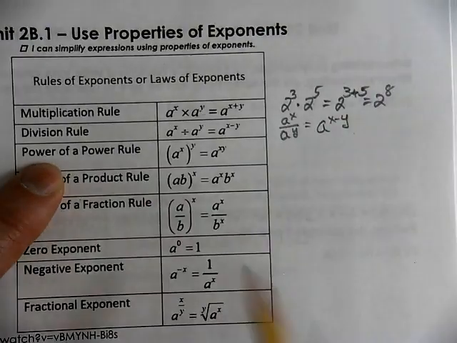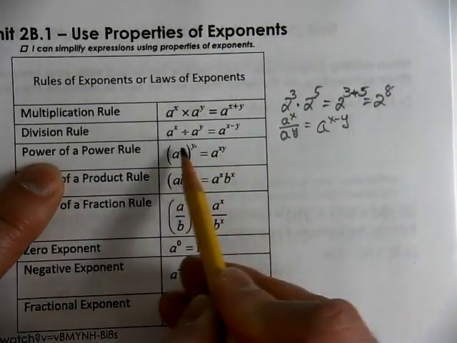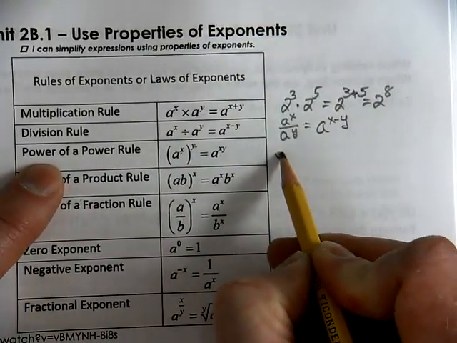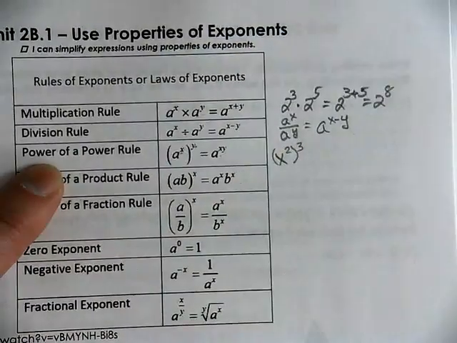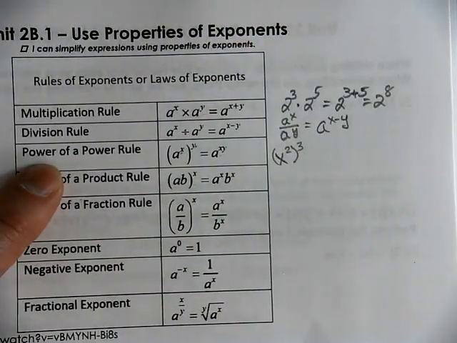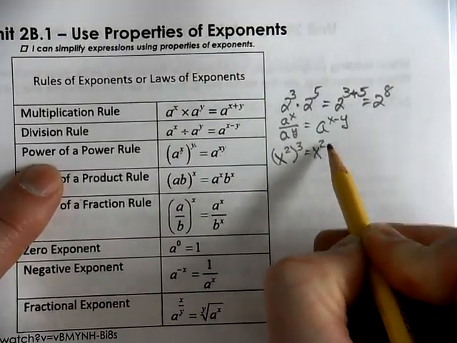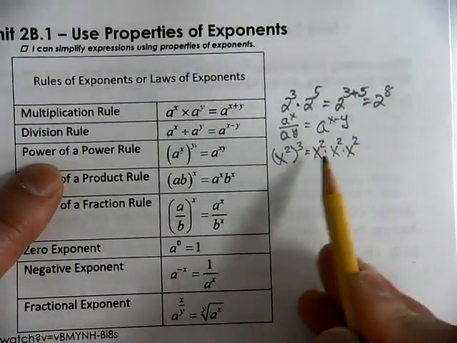The power rule. When you raise a power to the power, you multiply them. So you can think about this as like x squared to the third power. Really, you could consider that x squared times x squared times x squared, because that's what the third power means.